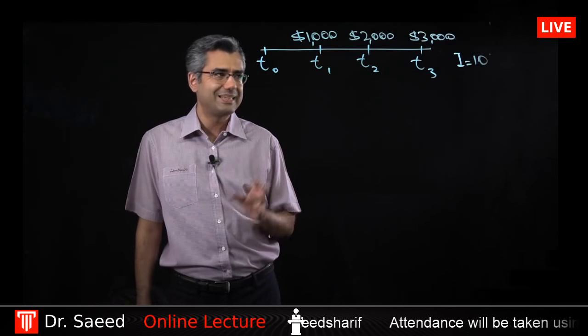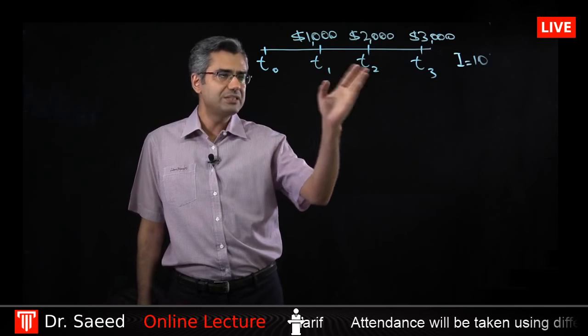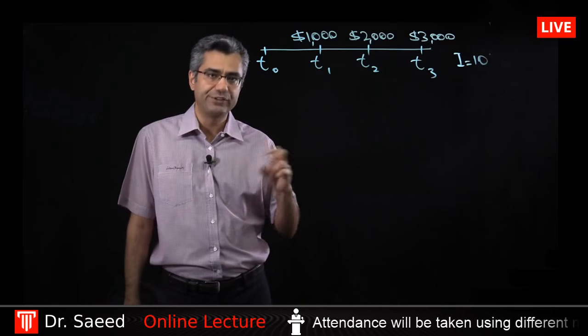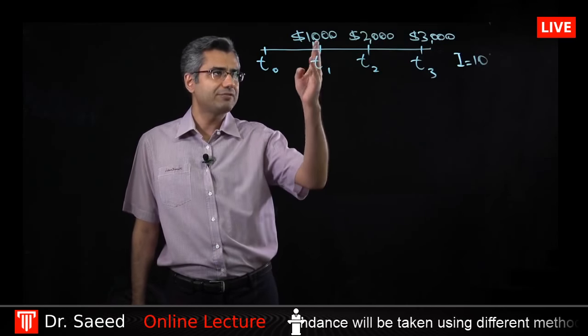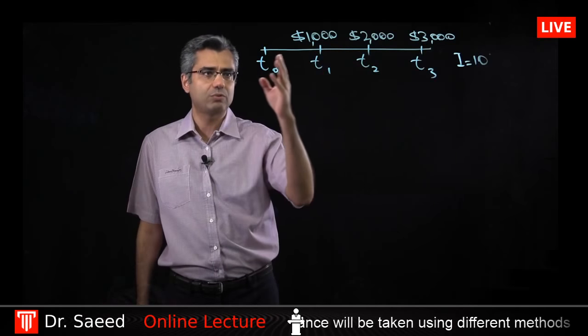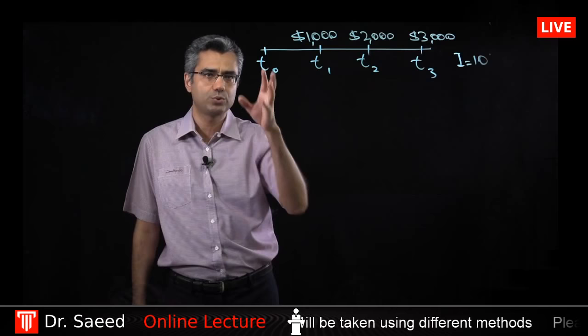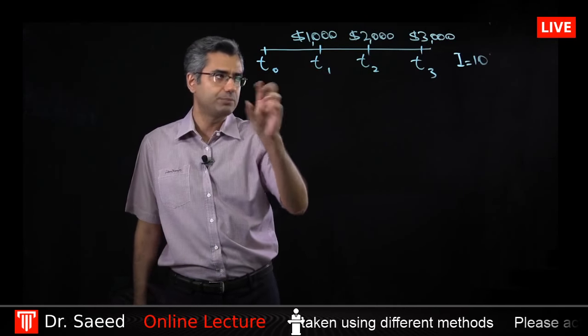Now, what is the present value of these future cash flows if interest rate is 10% per year? In other words, we have 3 future values and we want to compute the present value of these 3 future cash flows. It means the value of them today.